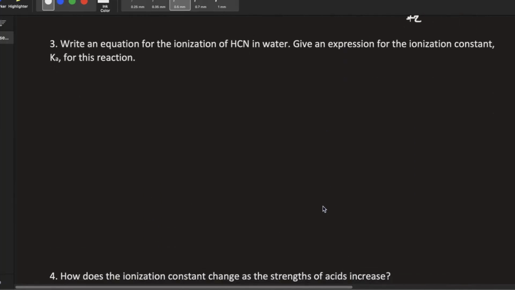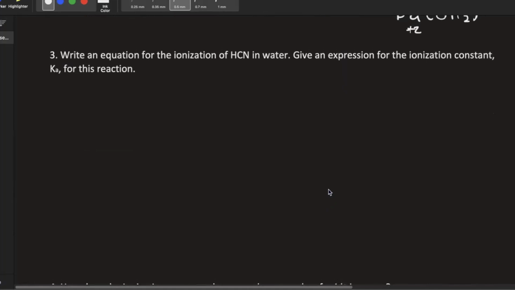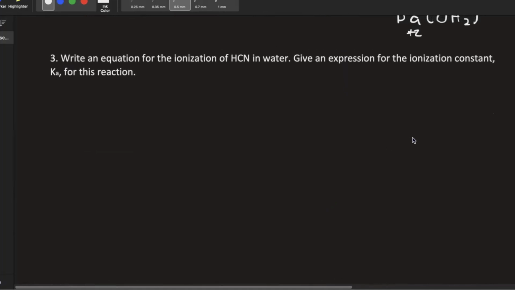Write an equation for the ionization of HCN in water. Give an expression for the ionization constant, Ka, for this reaction. So first we have HCN. We know that HCN is going to be our acid because it tells us to find Ka. So we have HCN aqueous plus H2O liquid gives us an unknown.